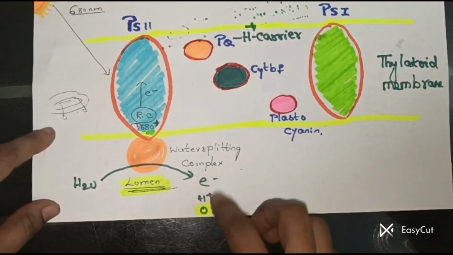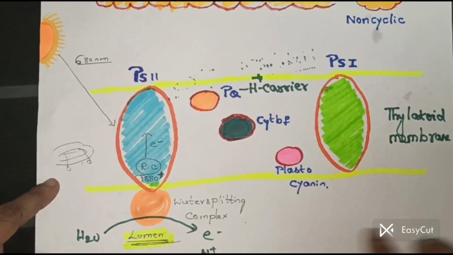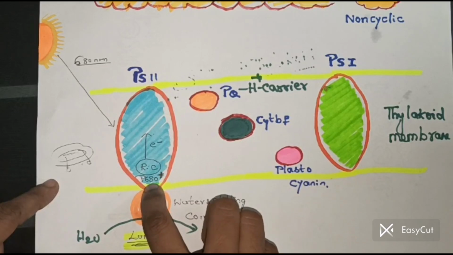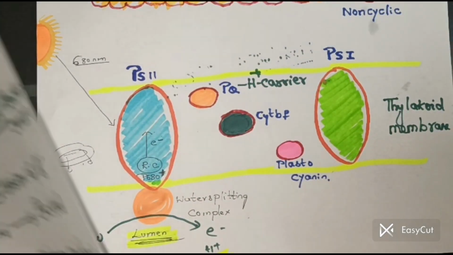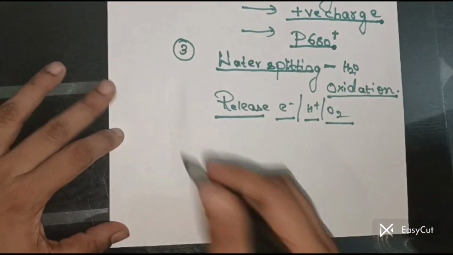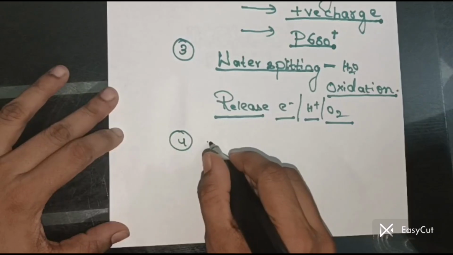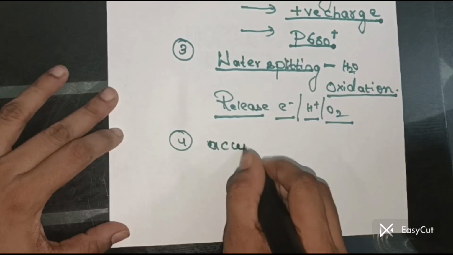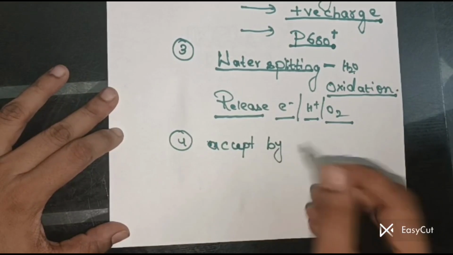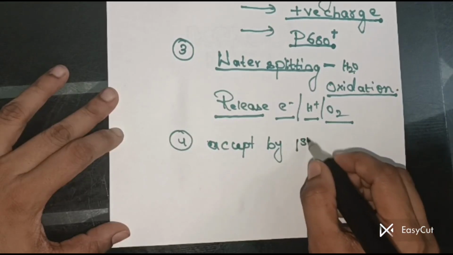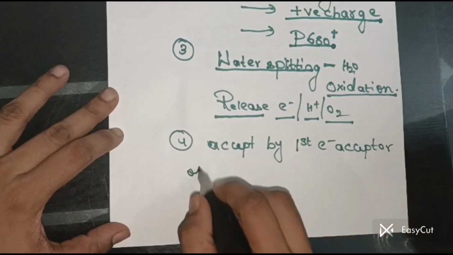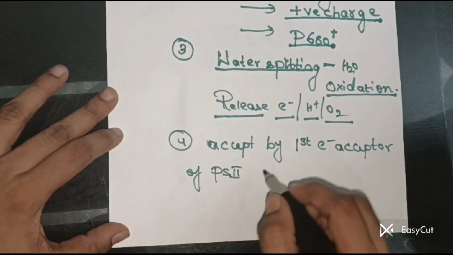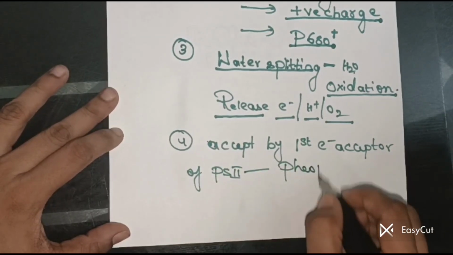Now you have the electrons and protons in the lumen. Now these electrons need to be picked up by this PS2. The electrons which are released are going to be accepted by, and this is a very important point, the first electron acceptor of PS2, which is nothing but pheophytin.